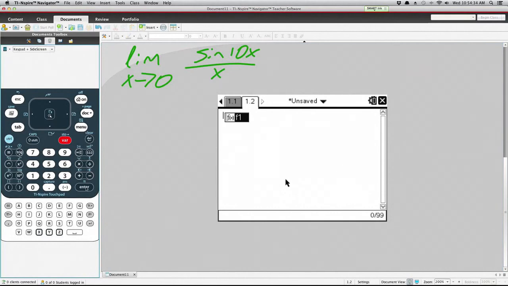So we want to punch those in. So variable, and we want to start with negative 0.1.